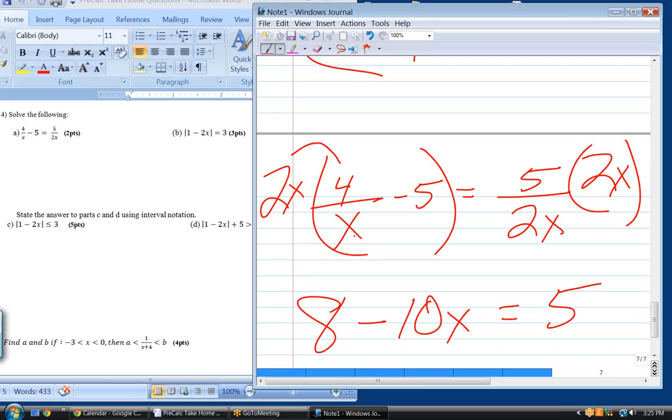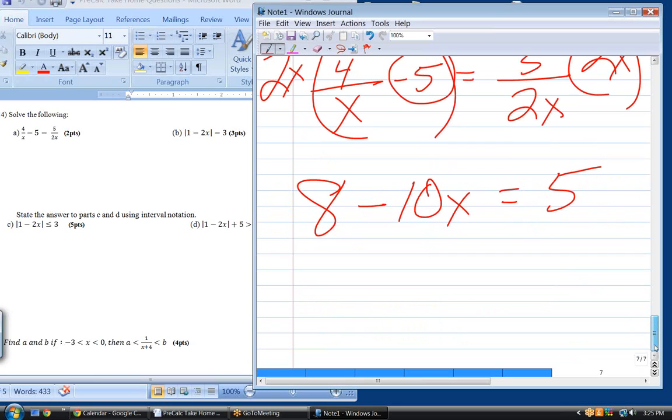And the x's cancel one another. So you end up with just 2 times 4, so you end up with 8. Understood. And then when you multiply the 2x times the minus 5, you end up with minus 10x. Right. So you don't totally lose the x yet, but you do lose all the denominators.